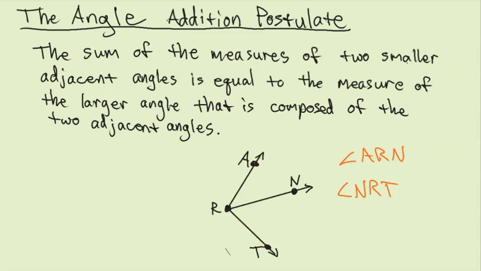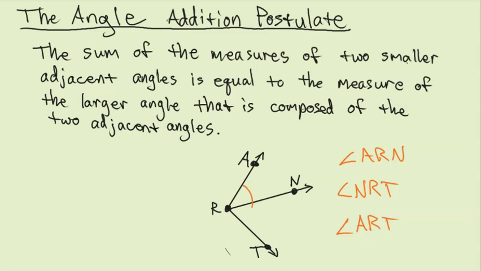That's a larger angle. And look, it's composed of these two smaller adjacent angles. Angle ART, okay? So here's what the angle addition postulate says, is that the measure of the larger angle, the measure of this angle, is just the sum of these two angles, okay?